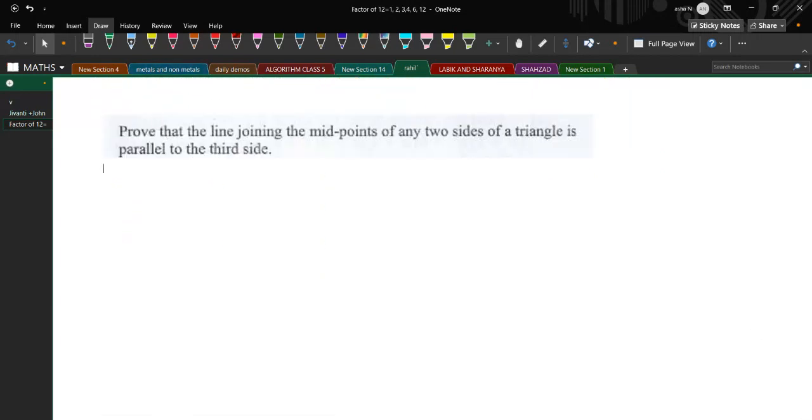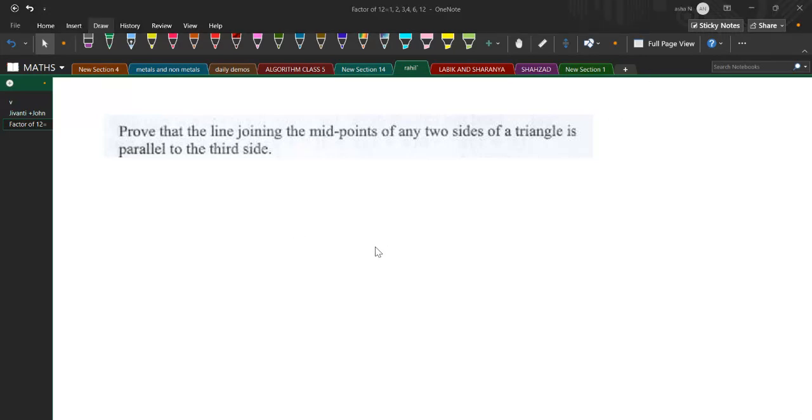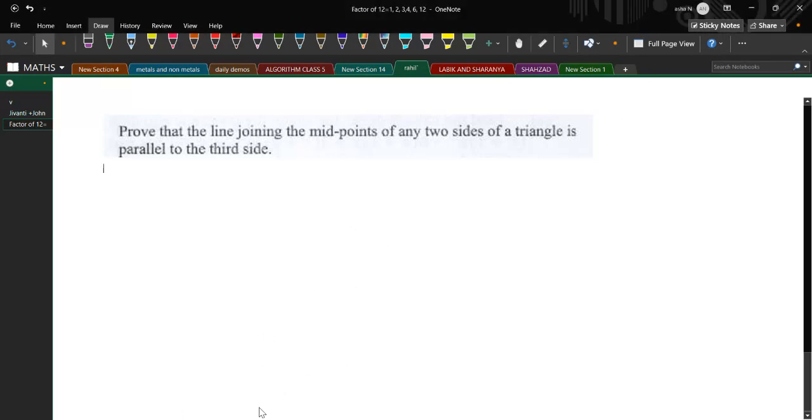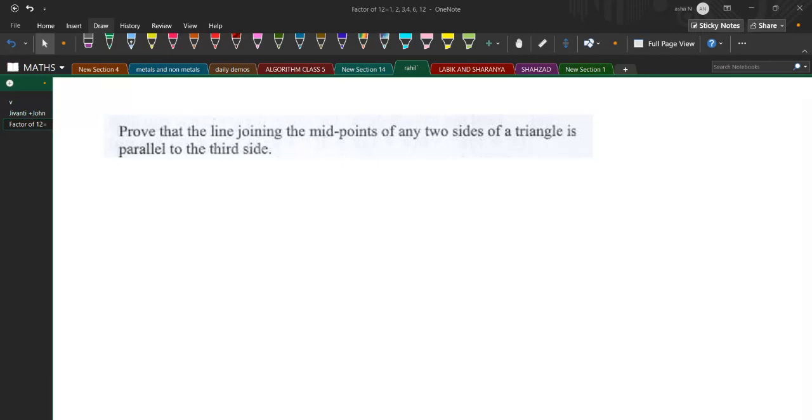Okay, chalo, let's prove the theorem. Prove that the line joining the midpoint of any two sides of a triangle is parallel to the third side. Which theorem is this? Midpoint theorem.